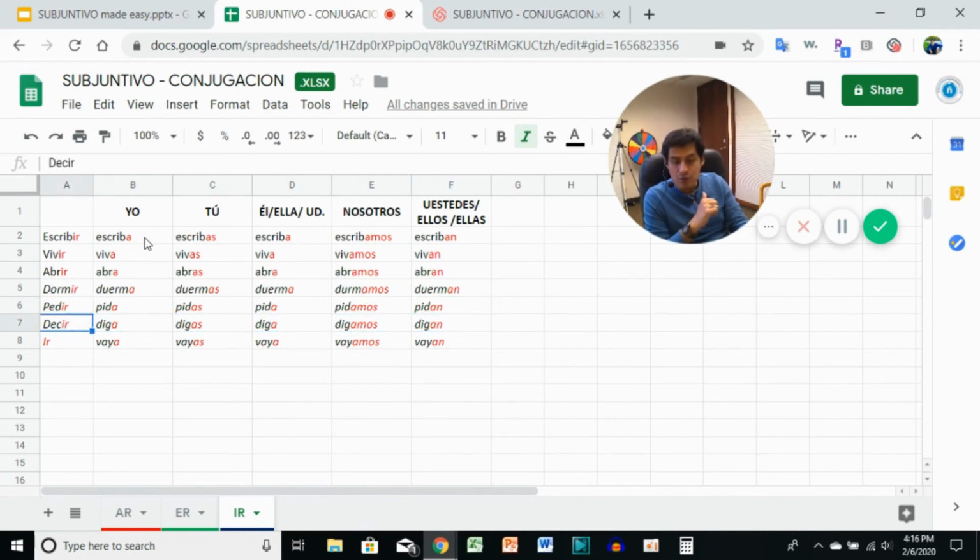Decir, yo diga, tú digas, él, ella diga, nosotros digamos, ellos, ellas digan. Y finalmente, ir, yo vaya, tú vayas, él, ella vaya, nosotros vayamos, ustedes, ellos, ellas vayan.